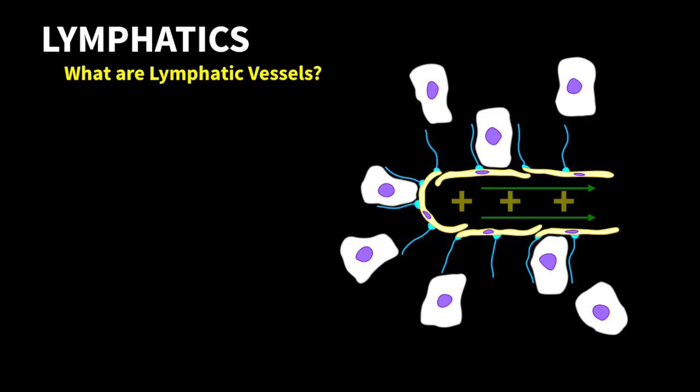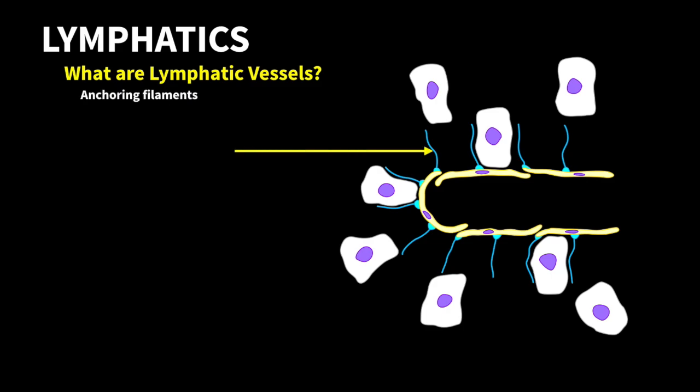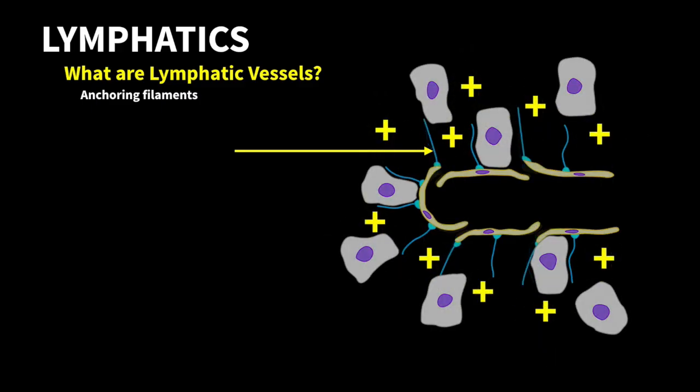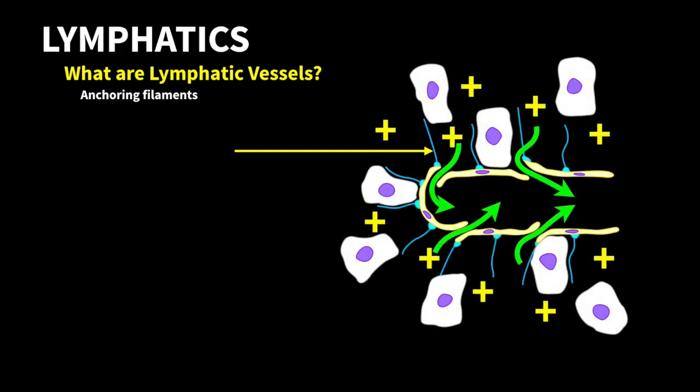In addition, anchoring filaments extend from the endothelial cells to the surrounding tissues. When excess interstitial fluid accumulates and causes tissue swelling, the anchoring filaments are pulled, making the openings between the cells even larger, so that more fluid can flow into the lymphatic capillaries.